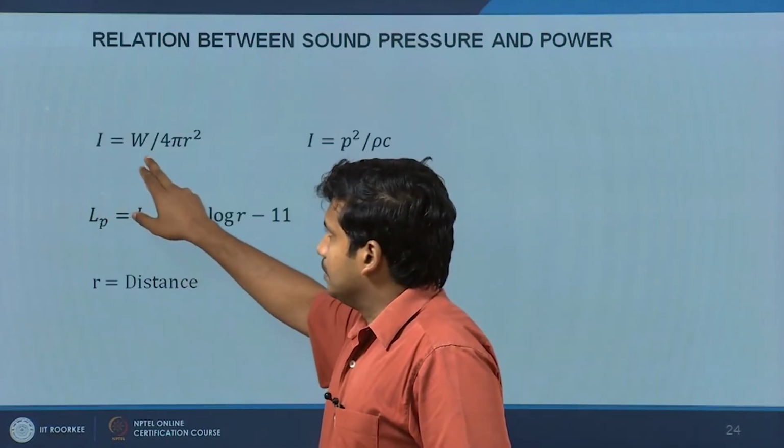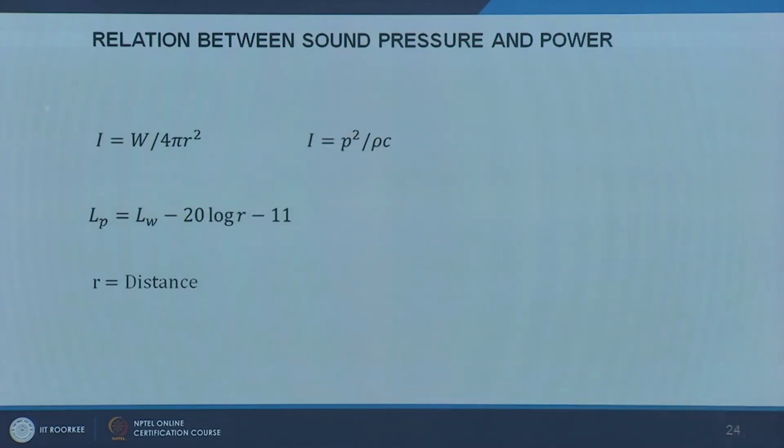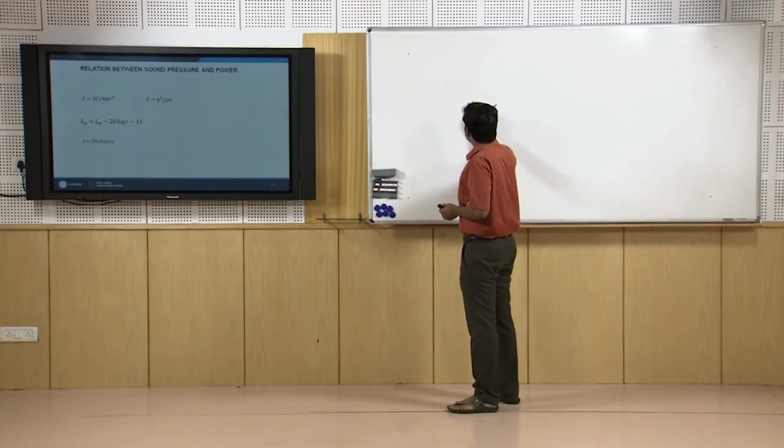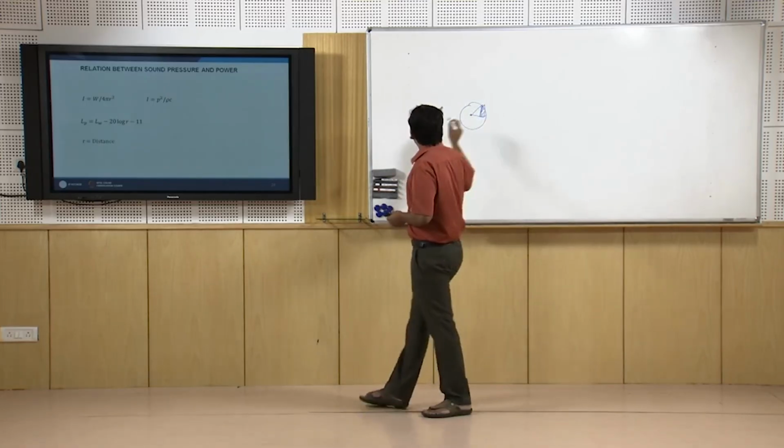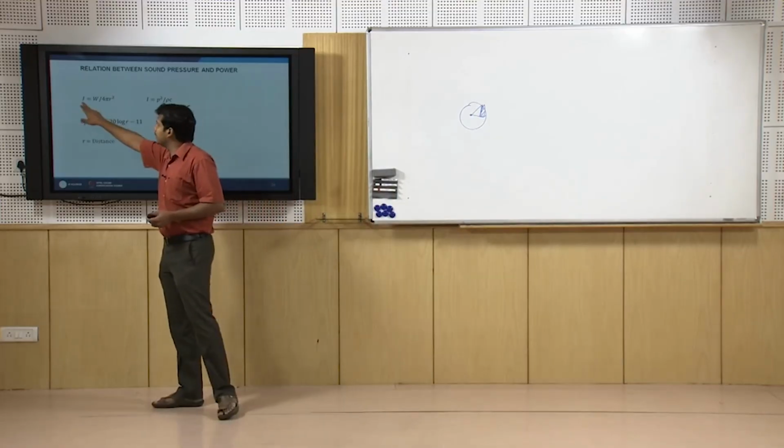Typically intensity is W watts per 4 pi r square. So you take a spherical propagation, you have the source here, it propagates all across. If you take a particular area, then it will be W, if you take the whole thing, it is W by 4 pi r square. This is where you can find the intensity.